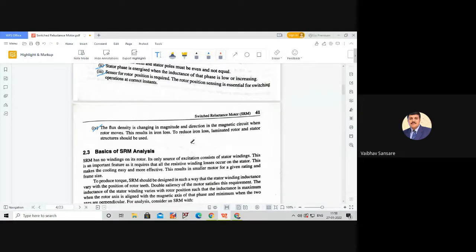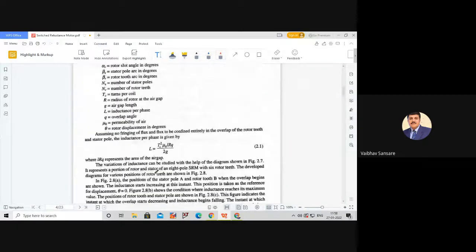So these iron losses are created due to the change in flux density and its direction in the magnetic circuit whenever the rotor moves. And to reduce these iron losses, it is conventional practice to construct the stator and rotor of the SRM with laminations. That means the stator and rotor both are laminated structures.